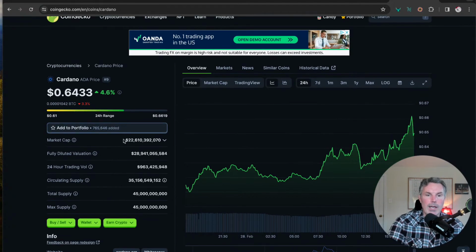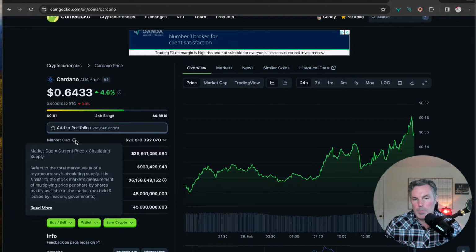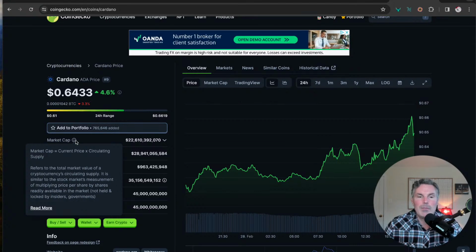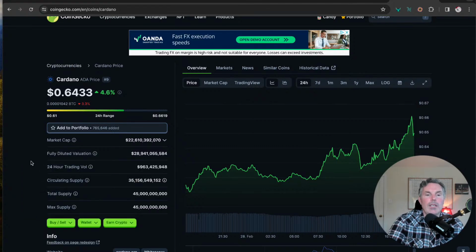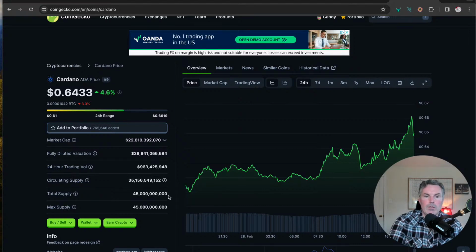Okay, so market cap. How do we get the market cap? By taking the current price and multiplying that by the circulating supply. Okay. And how do we get the price? We divide the market cap, this number, by the circulating supply.